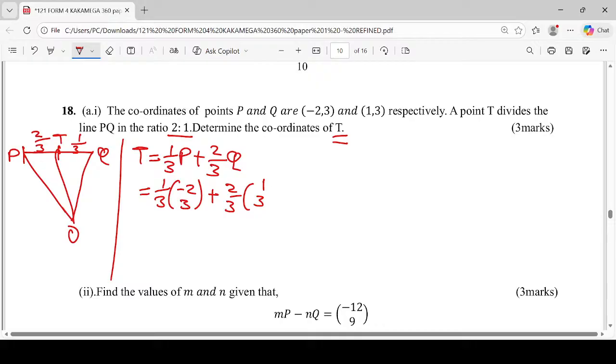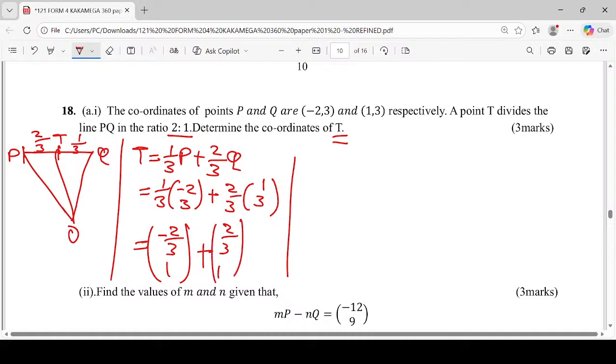So let's open the brackets. When you open the brackets, this is going to give you negative 2/3, 1, plus 2/3, 1. When you do that, negative 2/3 plus 2/3, that will give you a 0. 1 plus, this should be 2 here, because 2/3 times 3, that will be 2.